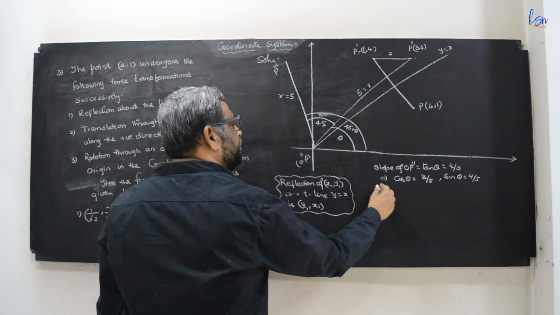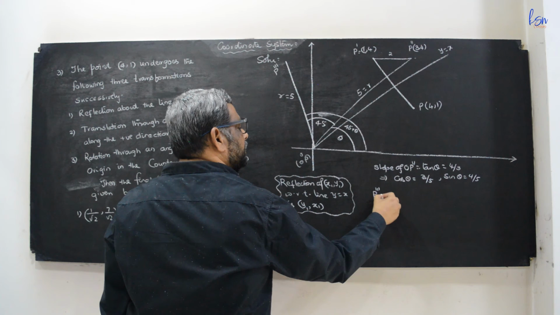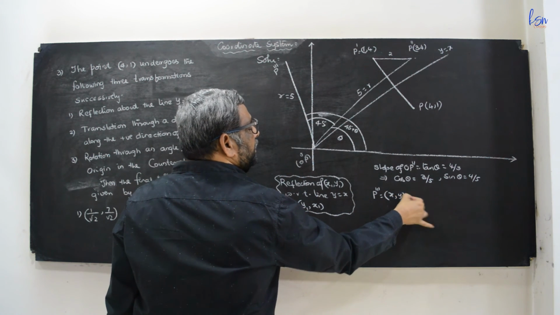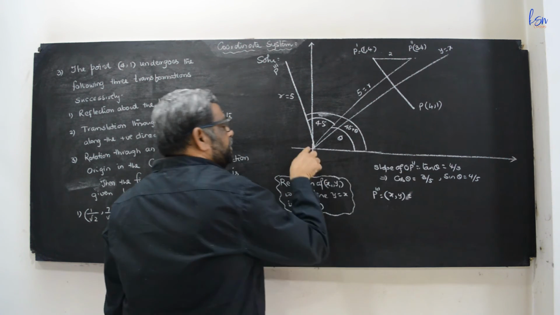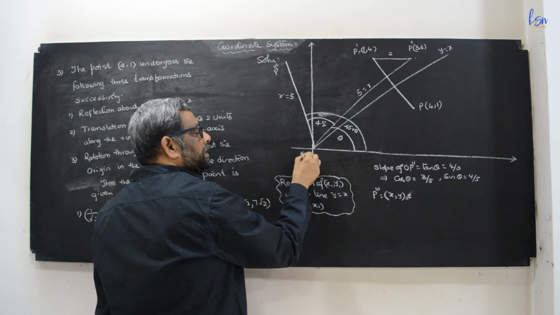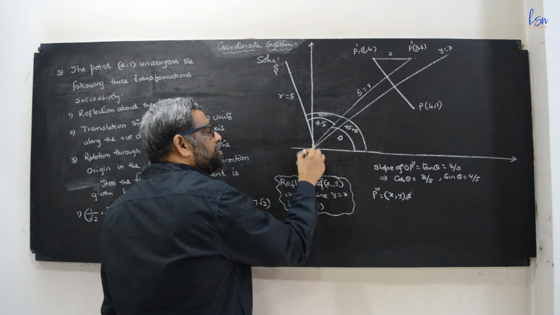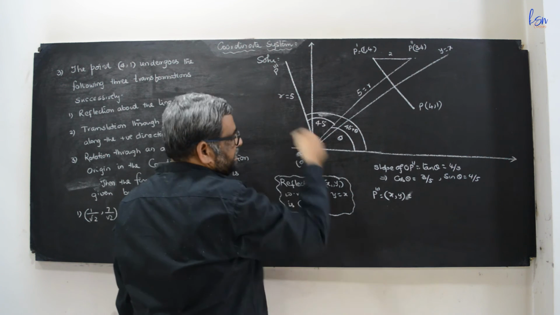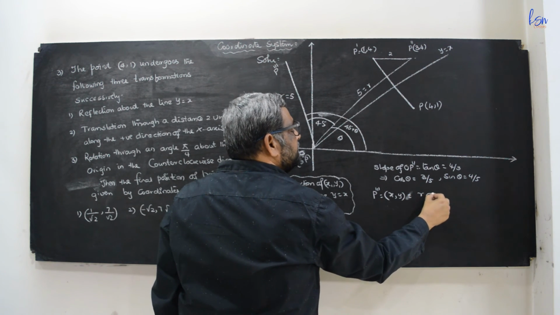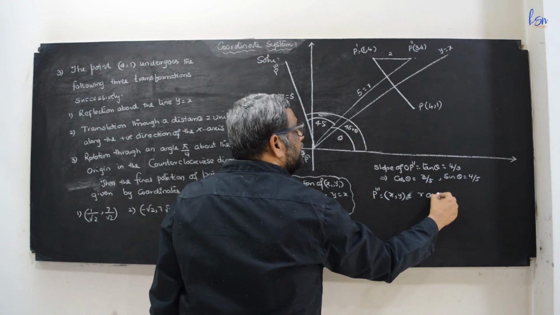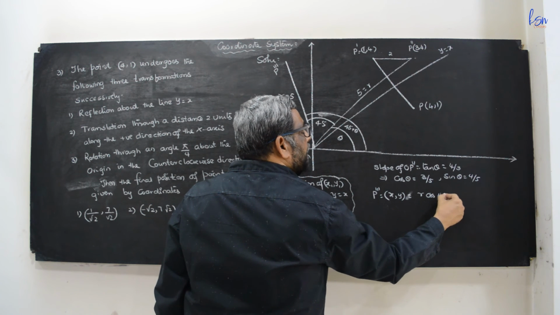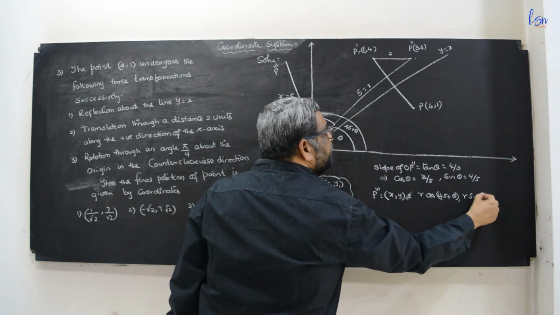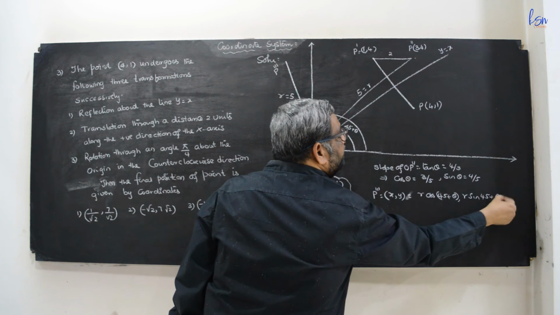R is equal to 5. Therefore, P triple dash is some (x, y), equal to, actually this being the origin, we can straight away say r cos theta, where theta here means 45 plus theta, comma r sin (45 plus theta).